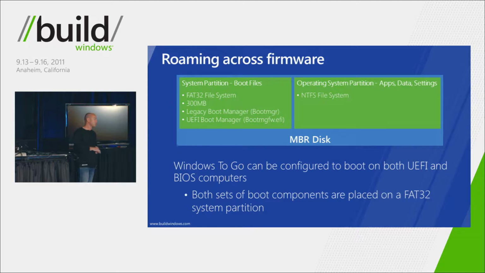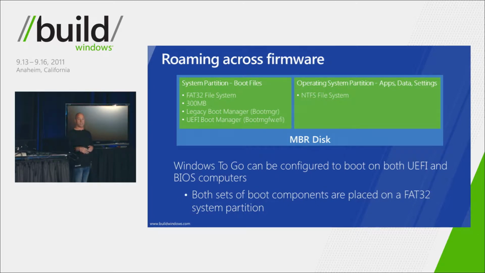One of the things that's new, and it's interesting that we came out with this feature at a time where, for the first time ever, firmware, which has been BIOS for the last 25 years, is finally changing. Now, this is a pretty unremarkable issue for Windows in general. You just get all the new benefits of UEFI.